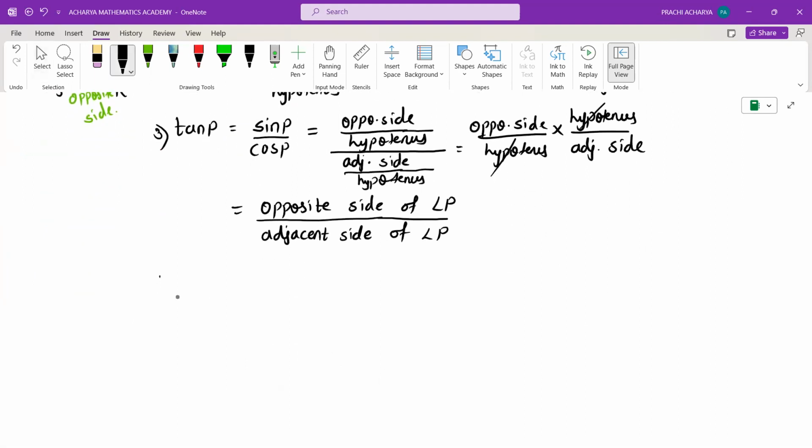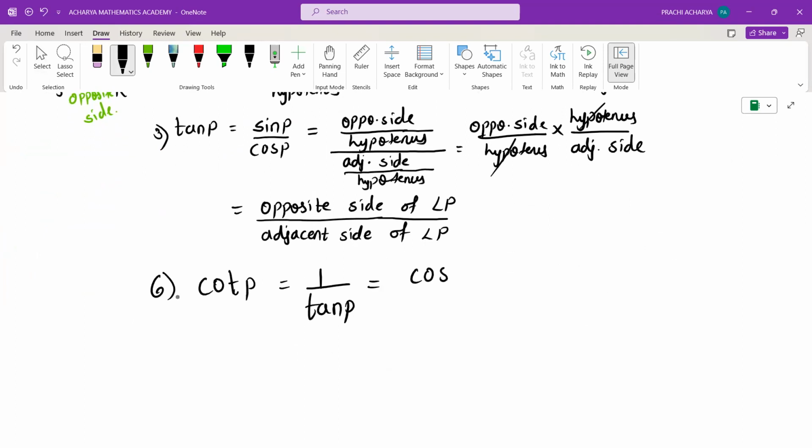So the next one and last one is cot theta, or for now we will write cot P because we are talking about angle P. So again, what was the third ratio? Tan P. So the reciprocal of tan is cot. So the cot P ratio will be 1 upon tan P. That is just reversing the ratio of tan P.